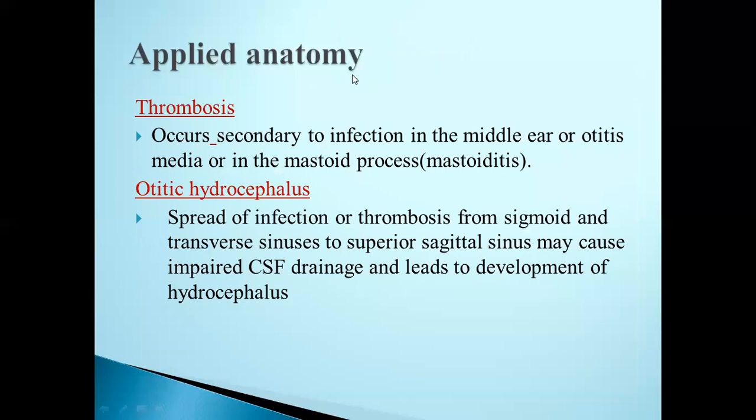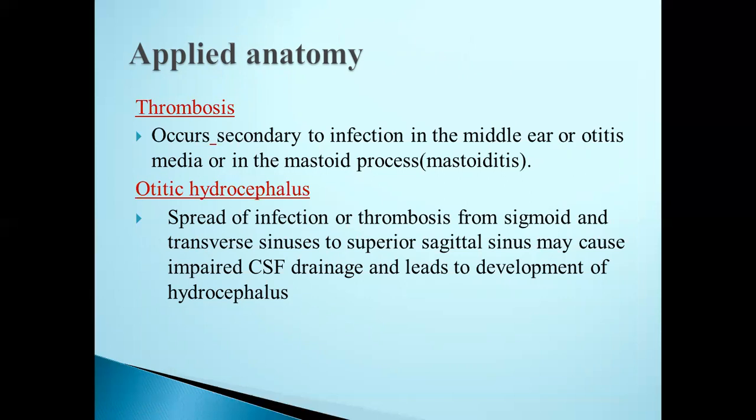Applied aspect of this sinus: the thrombosis of this sinus occurs secondary to infection into the middle ear or otitis media, that is a clinical condition of middle ear, or in the mastoid process infection, that is mastoiditis. There can be otitic hydrocephalus.